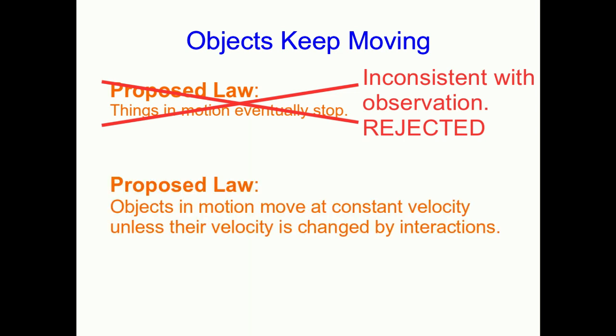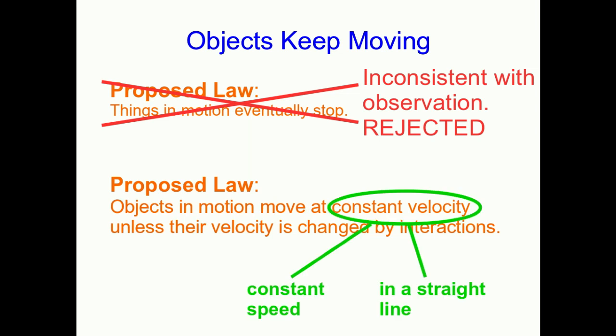So here's a new proposed law. Objects in motion move at constant velocity unless their velocity is changed by interactions. Note, there's a phrase in there that is loaded with meaning. Constant velocity. Remember, that doesn't just mean constant speed. It also means constant speed in the same direction.